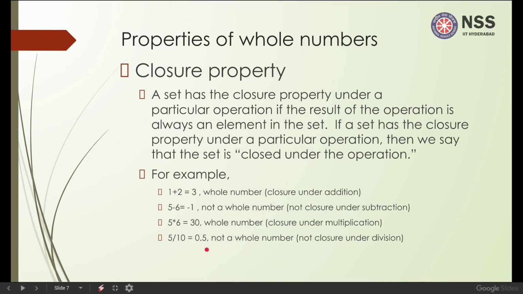Because whole numbers are all positive numbers which do not have any fraction or decimal. But if we divide 4 by 2, we get 2, which is a whole number. Therefore, dividing any two whole numbers may not always give us a whole number. Therefore, whole numbers are not closed under division.